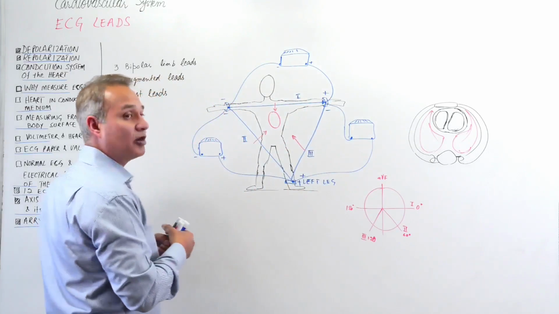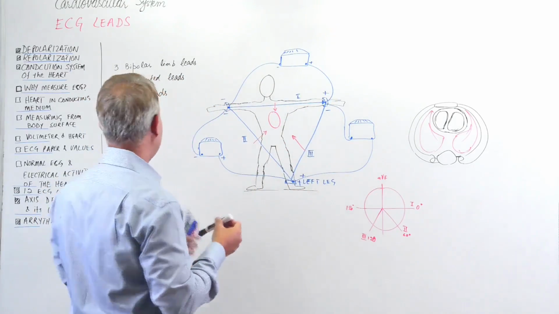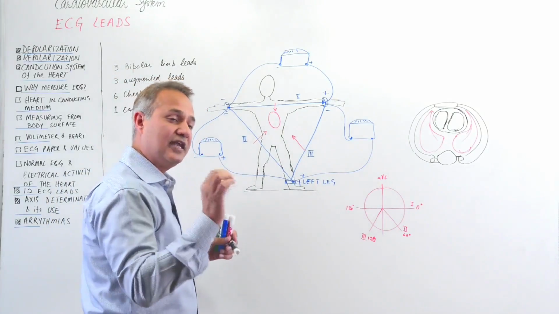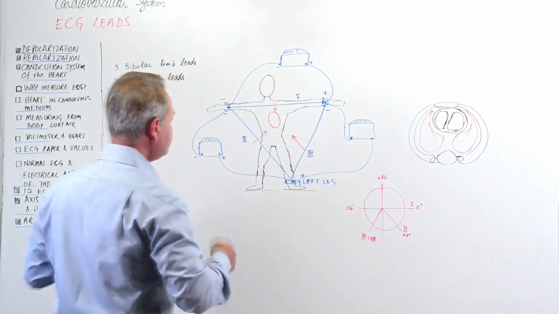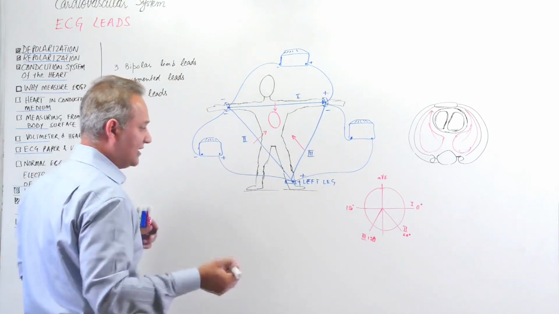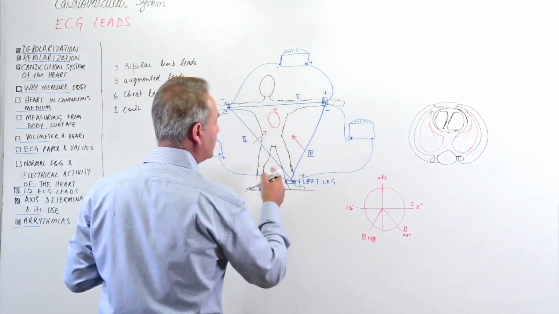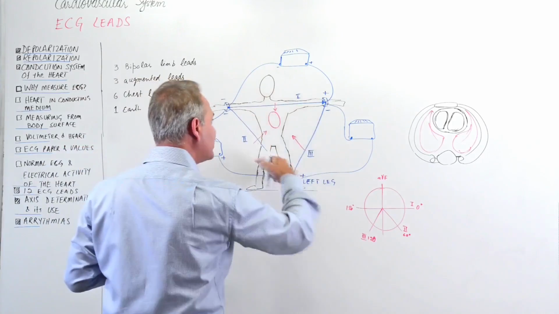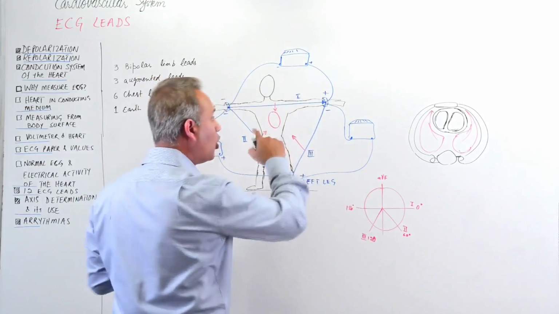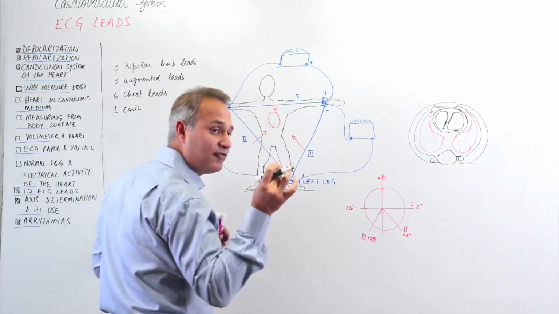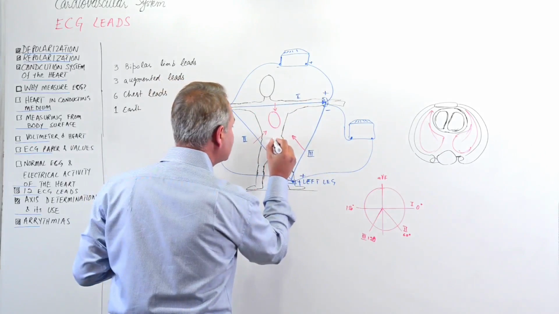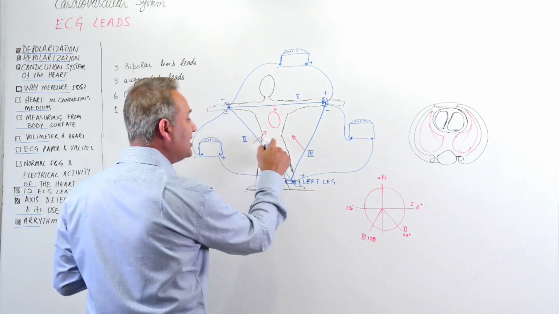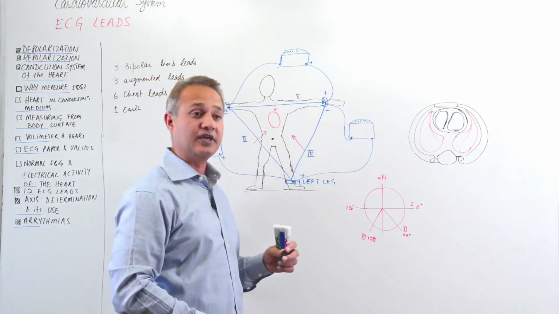Now let's talk about the augmented leads. Before we talk about the augmented leads, first we need to talk about Wilson's center, the electrical center. What Dr. Wilson said is that if you average all the electrical potentials from all the leads, that average creates a mean potential that is somewhere in the pubic area.